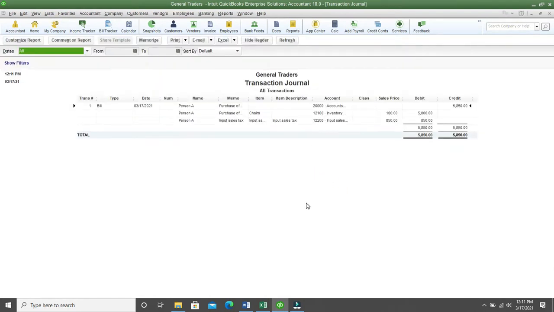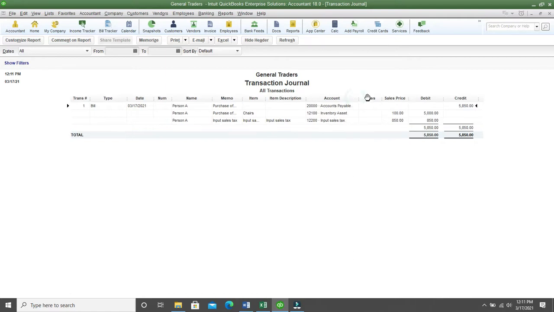Please see this transaction journal. I have purchased inventory asset of 5,000, the shares. That is my input sales tax, which is my other current asset, 850, and now accounts payable is 5,850. So I have correctly recorded this purchase.